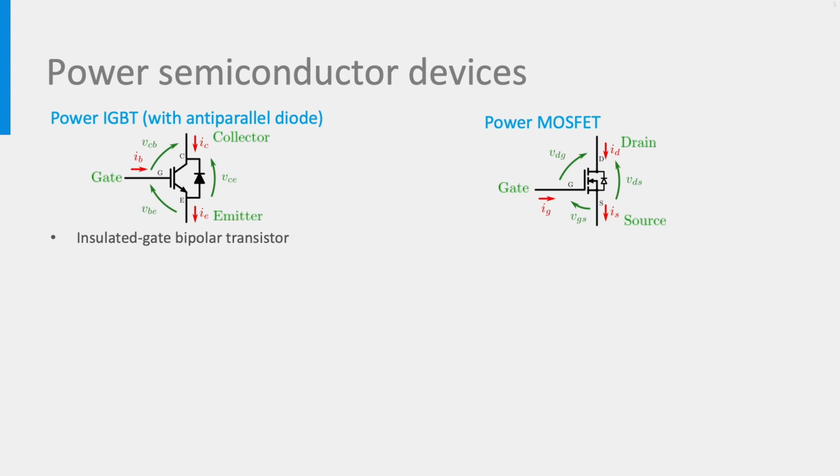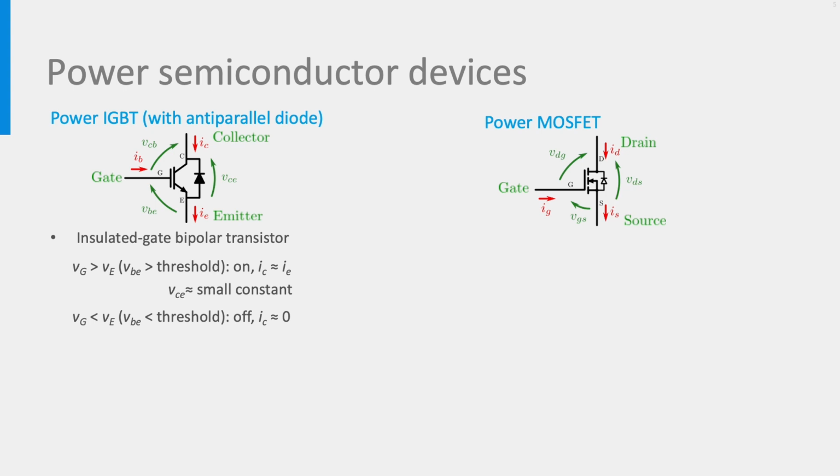IGBT stands for insulated gate bipolar transistor. When gate voltage VG is greater than the emitter voltage VE, or the base-to-emitter voltage VBE is greater than a threshold value, the IGBT will conduct the path from collector to emitter, make IC almost equal to IE, and the collector-to-emitter voltage drops down to a very small value.